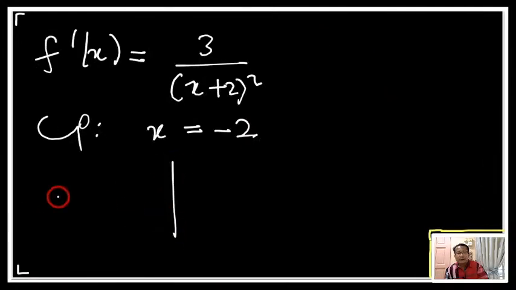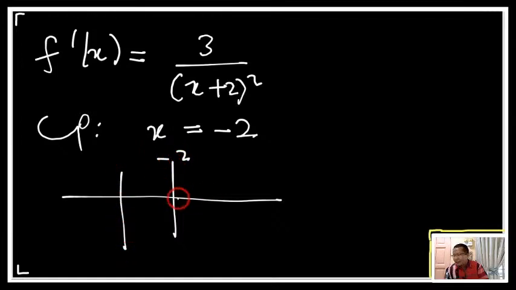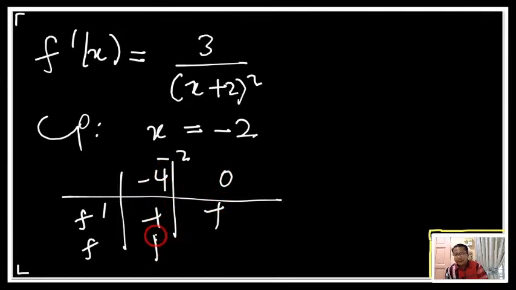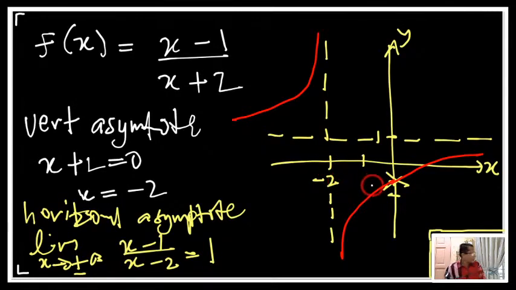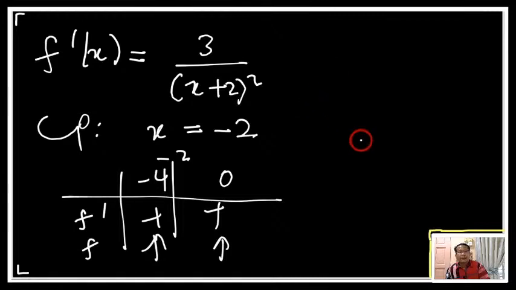So what you need to do is test increase or decrease around minus 2. Let's say for f prime, choose minus 4 and 0, and you get plus, plus. So up and up. Both going up. No problem.